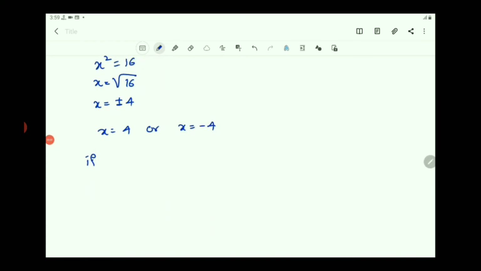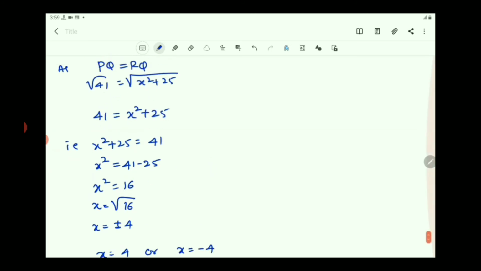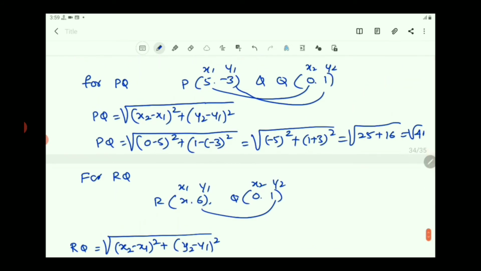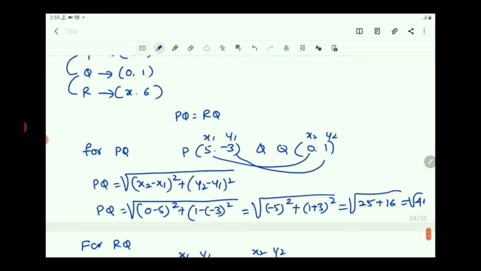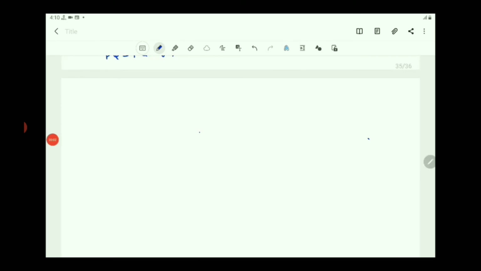If x equals 4, then you find PQ. PQ is already there, that is root 41. And then to find PR, P is a point with coordinates (5, minus 3), R is a point with coordinates (x, 6).